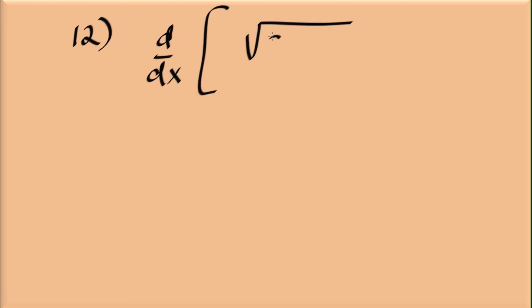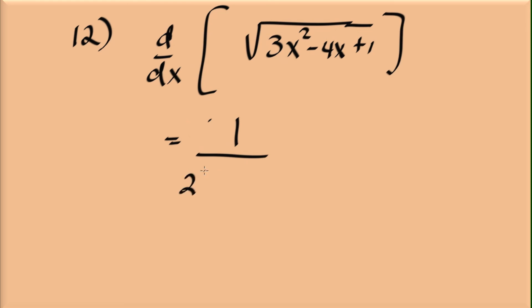Okay, let's do one more. Let's say number 12. What is the derivative of square root of 3x squared minus 4x plus 1? Again, this is no longer square root of x, but it's still going to be in the form of 1 over 2 square root of that 3x squared minus 4x plus 1.